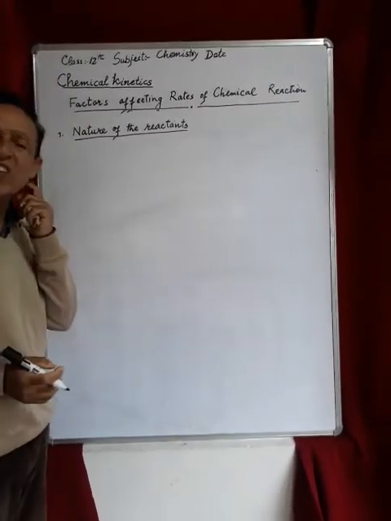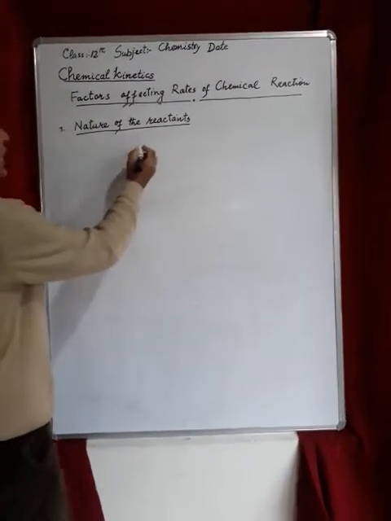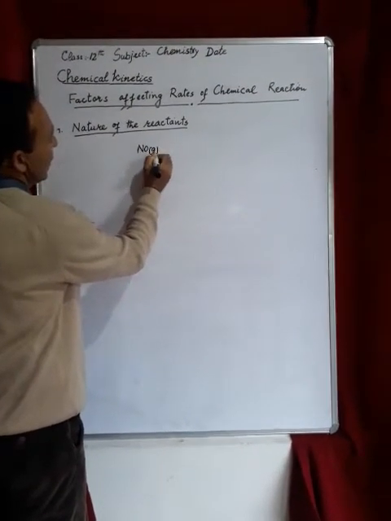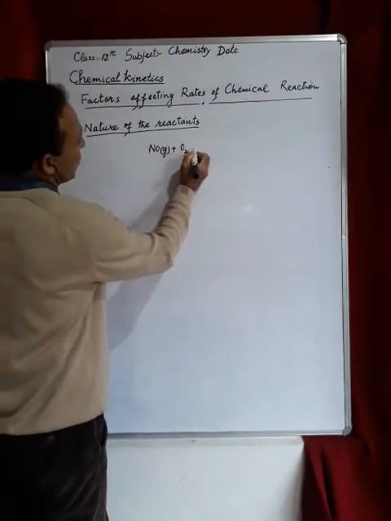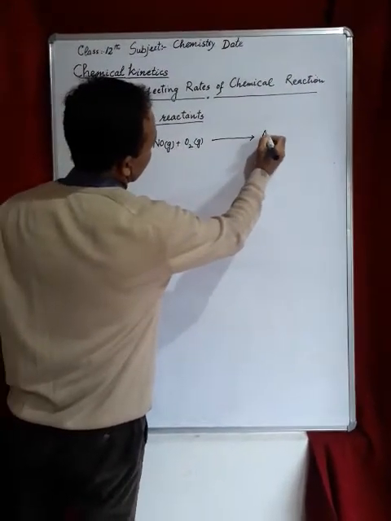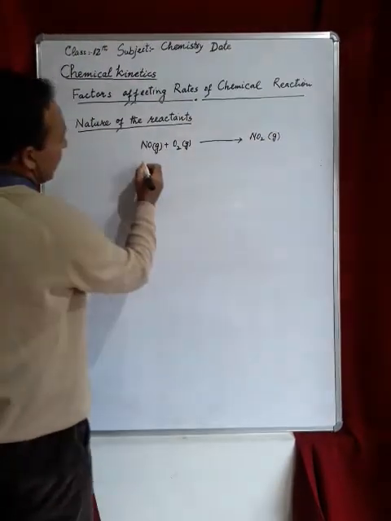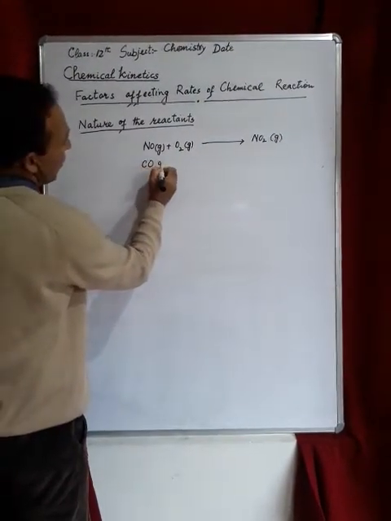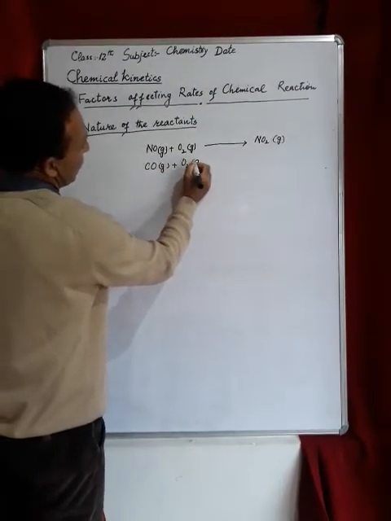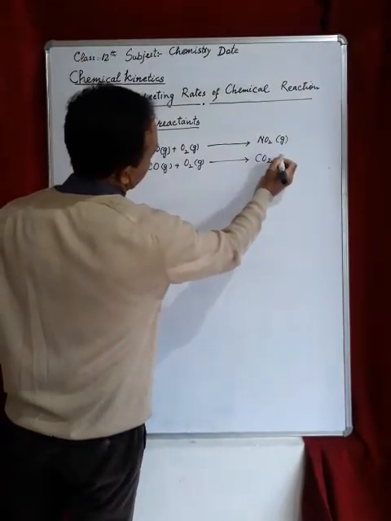To understand this, let's take two reactions: NO plus O2 gives NO2, and CO plus O2 gives CO2.